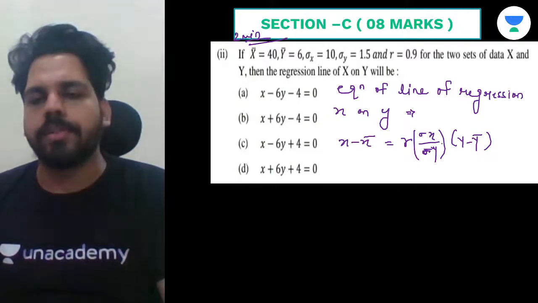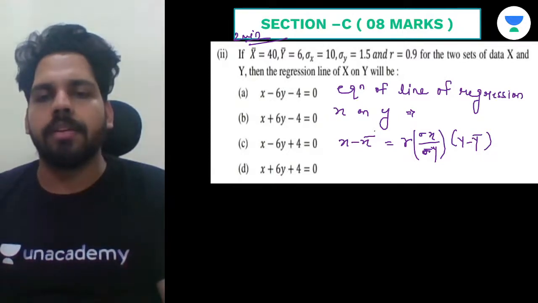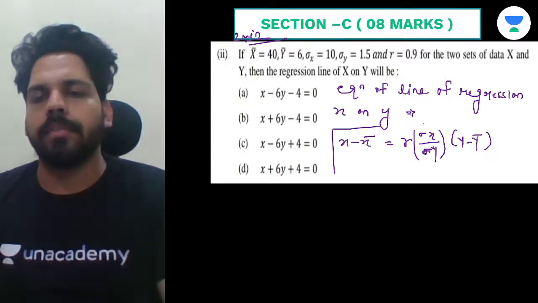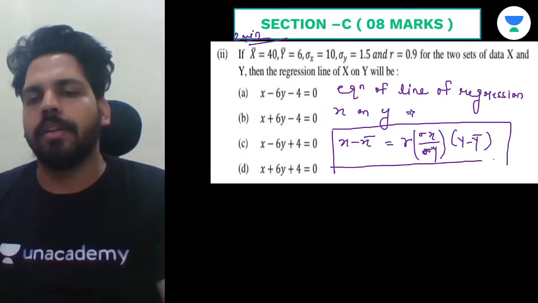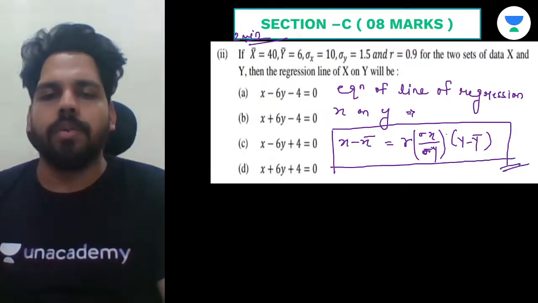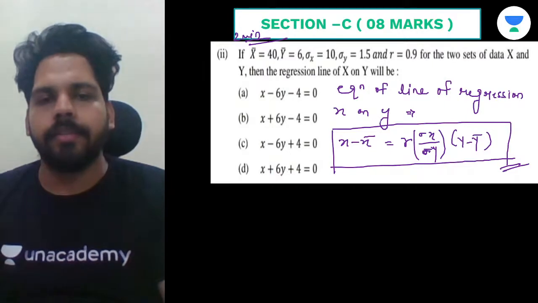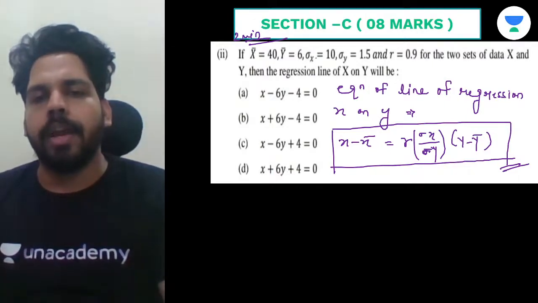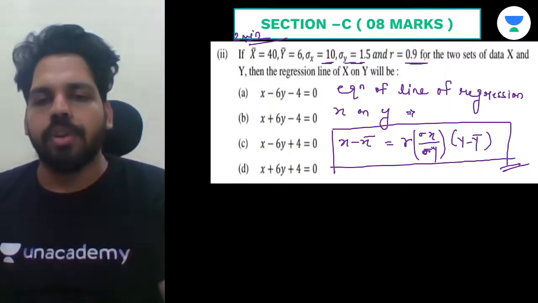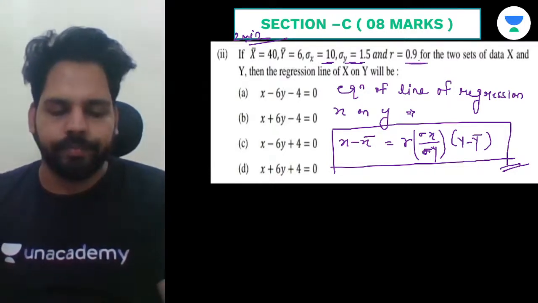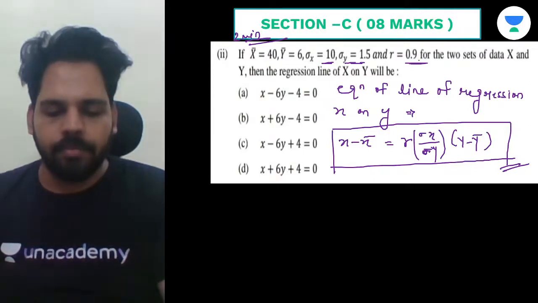Now try to find out. I have just explained the question to you. Now I hope you will be able to find it, because x bar is given, y bar is given, right? This is given, this is also given, r is also given. You just have to take out the equation. Try it.